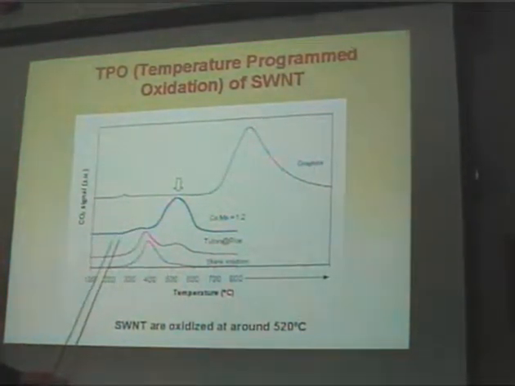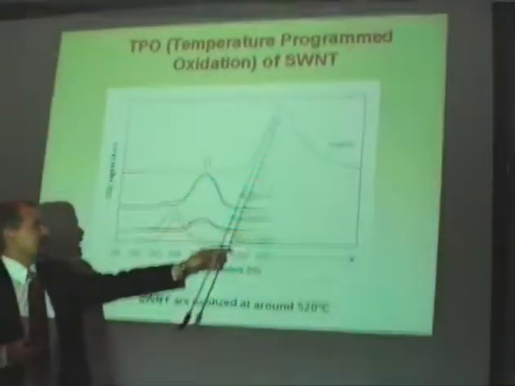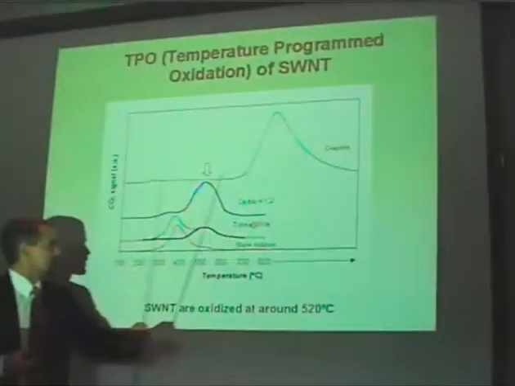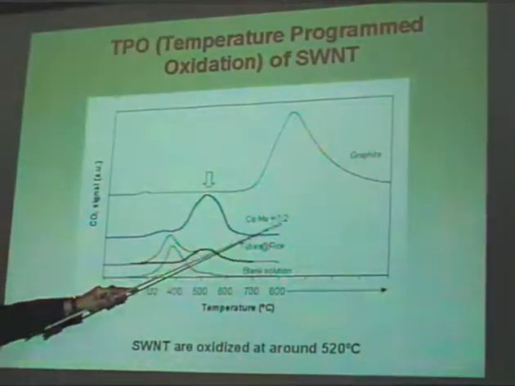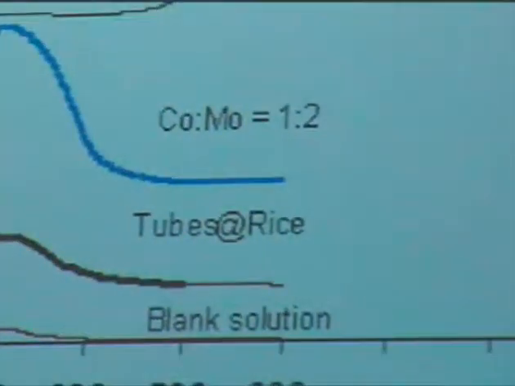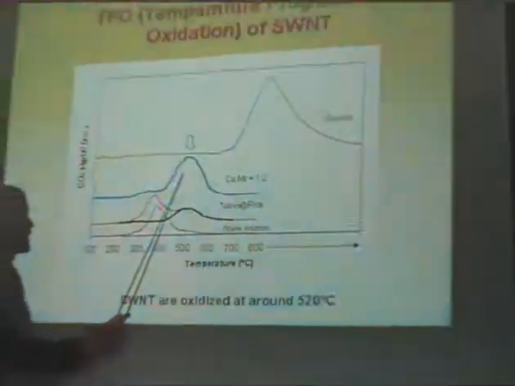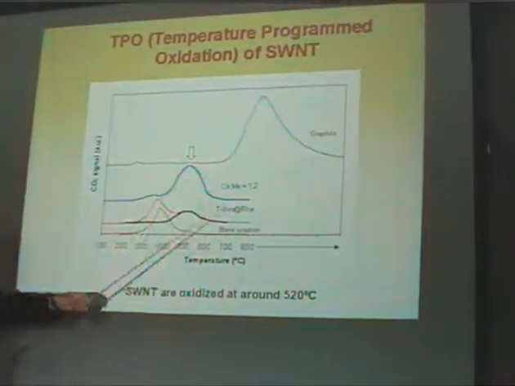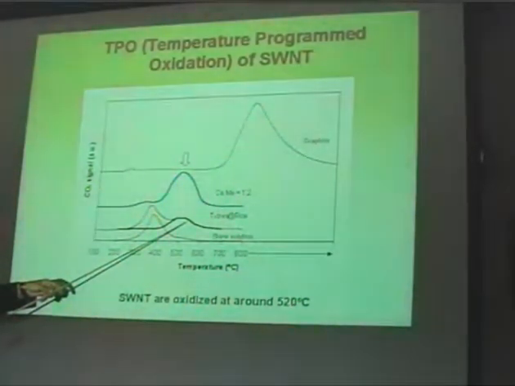For example, a graphitic one will burn at very high temperatures. If we have a catalyst like cobalt moly with a ratio of 1 to 2 that produces a high selectivity to our single wall nanotubes, we observe the burning of carbon around 500 or 510 degrees C, which corresponds very much to the tubes of rice purified.